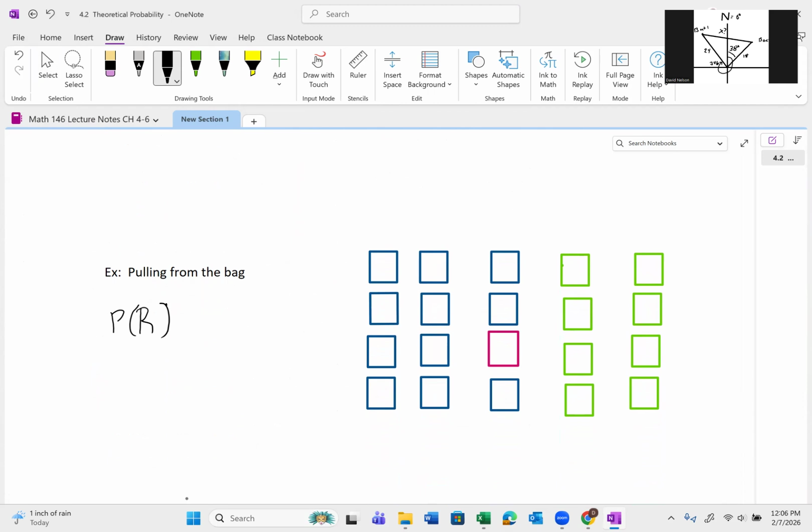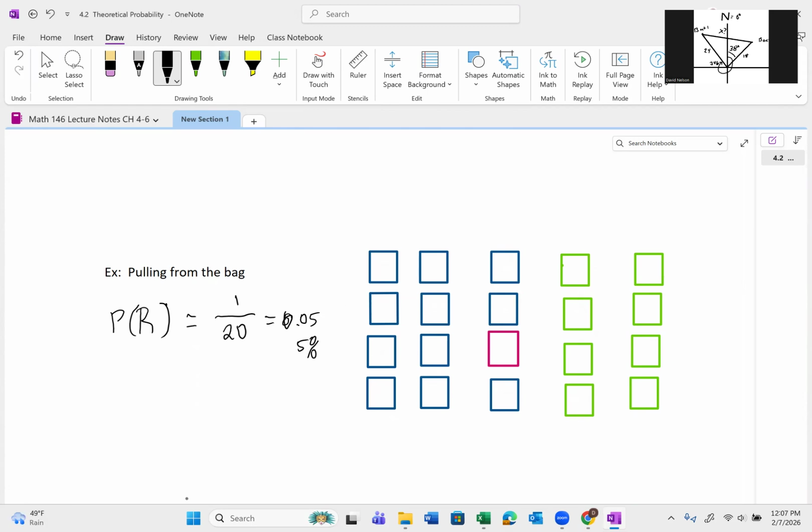I know some of you might doubt that, but there is one in there. And if we count the number of tiles, there's a total of 20 tiles. So your theoretical probability of getting that red tile is a 1 in 20 chance. Or if you like it as a decimal, it's 0.05 or 5%. You got a 5% chance of getting that red tile coming up. It didn't happen very often for the most part, but it was a probability in there.